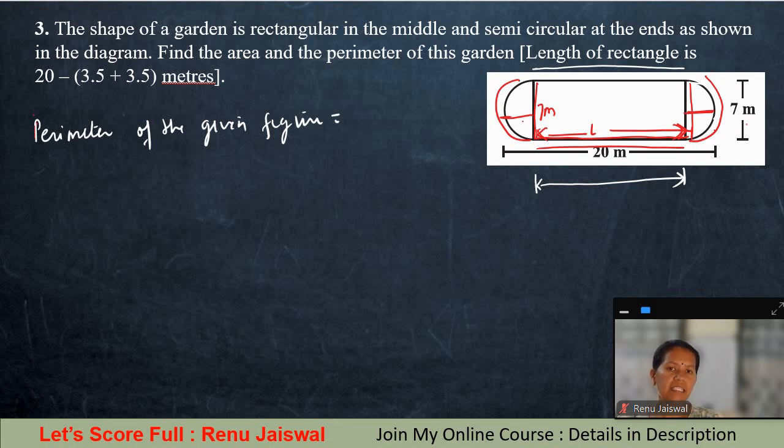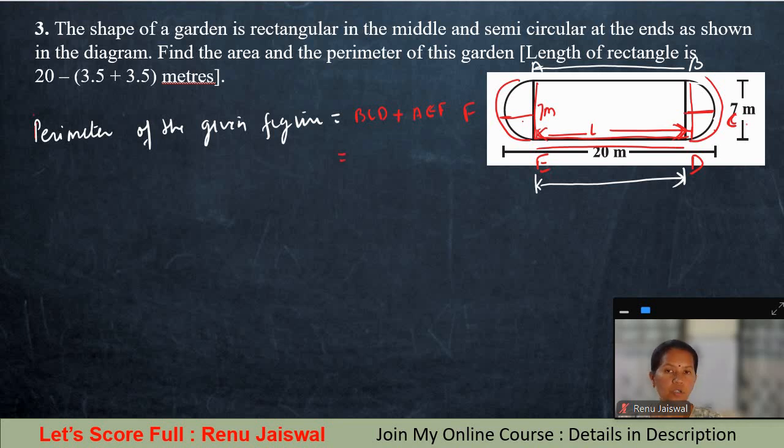If I mark it, let's mark it, it will be easier. A, B, and here at the corner you can write C, this part D, E and F, right? So perimeter is nothing but border of all. Here BCD plus A, E, F, BCD and A, E, F is a semicircle.